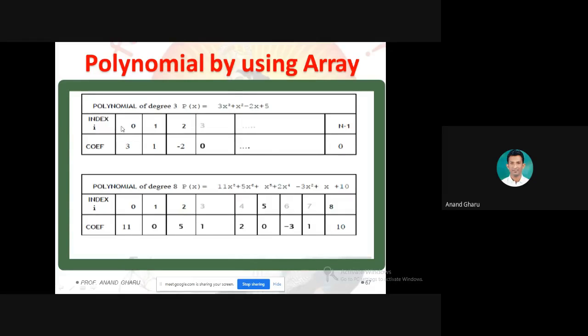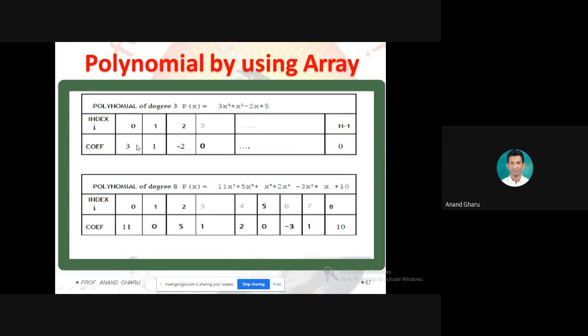So here the array is assigned 0 to n minus 1. You can traverse from left to right or right to left. Here they are traversing from left to right. For the first coefficient, that is 3.